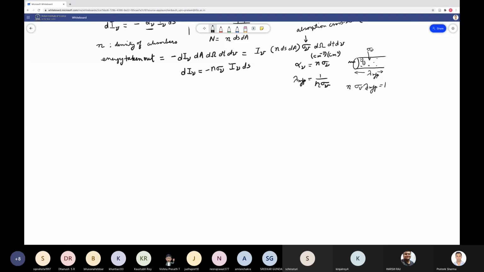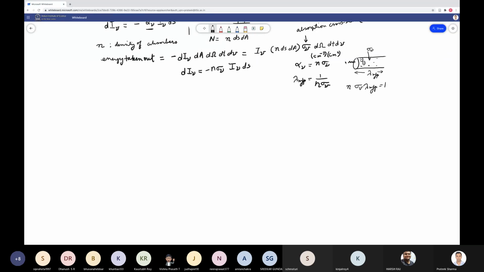This is how you define the mean free path: over this length, the incident photon will encounter one of these particles. And this is a standard definition, which should be familiar to a lot of you from kinetic theory or thermodynamics.